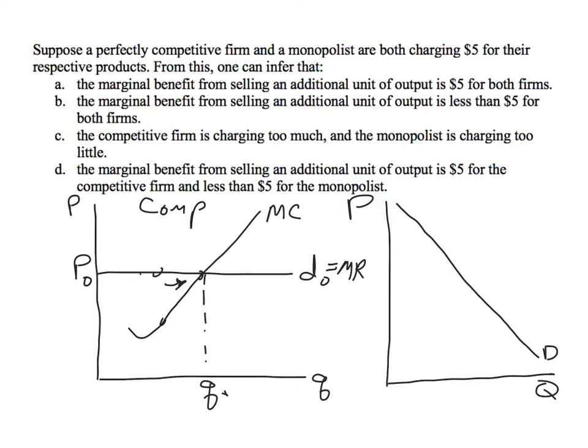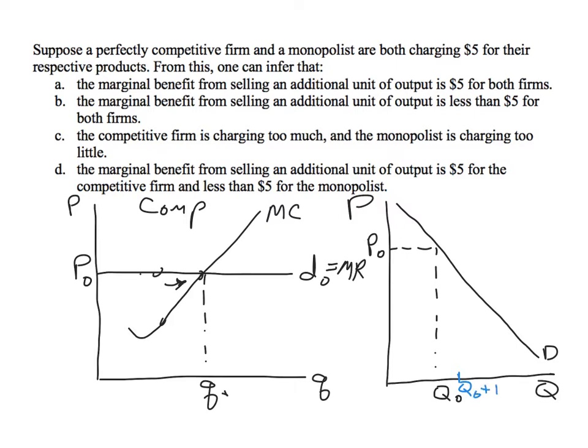Anyway, the fact is that for a monopolist, the marginal benefit of increasing output by one, say, is not anymore equal to the price, for a reason I'm going to describe right here. Let's suppose that a monopolist is producing at P naught and Q naught, and that monopolist wants to increase output to Q naught plus 1.